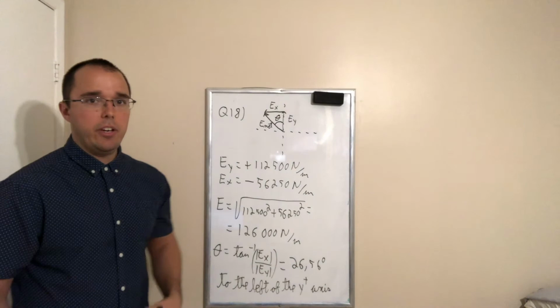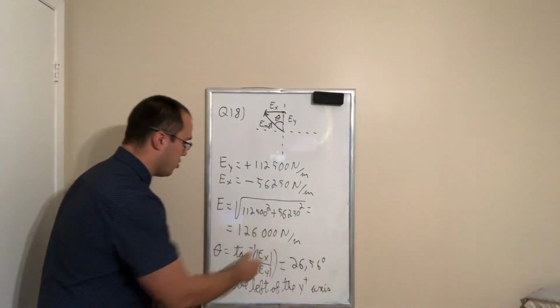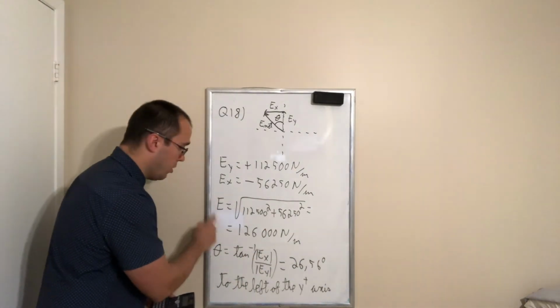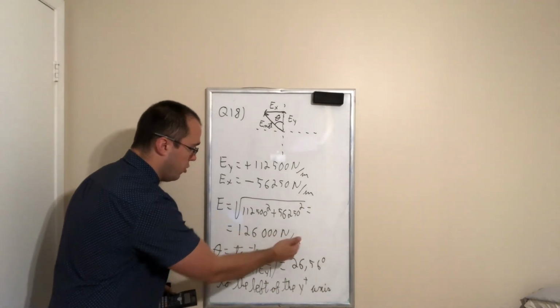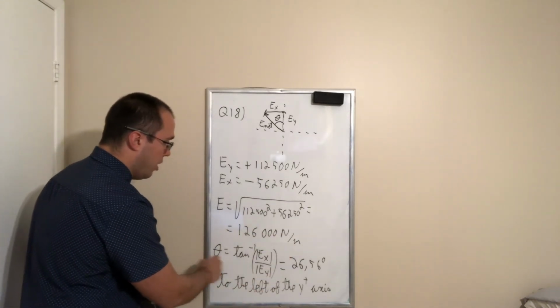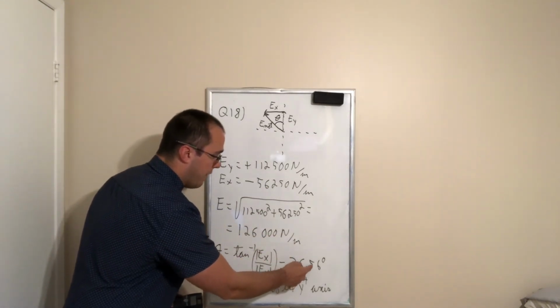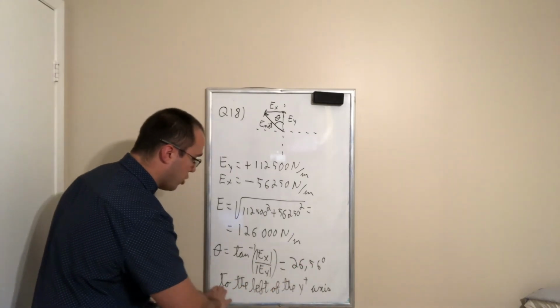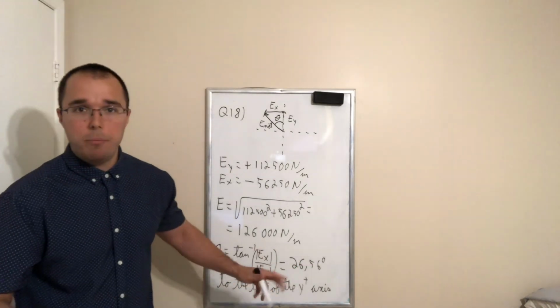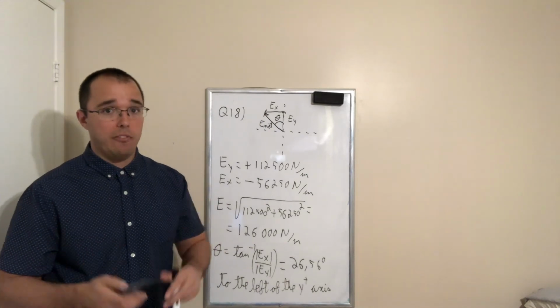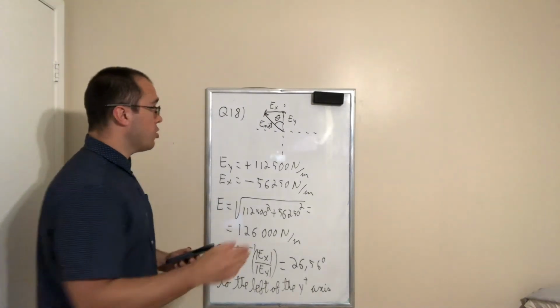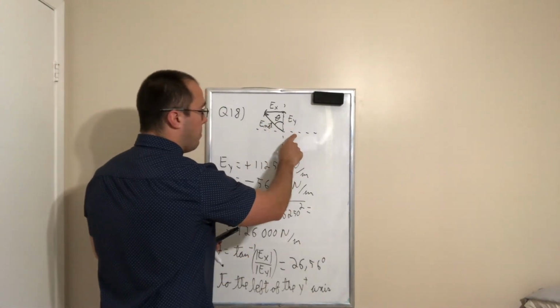Now, by the way, if in a test you write your answer that way, so E, which is the magnitude, is equal to 126,000 Newton per coulomb, and your angle is 26.56, and you mention to the left of the positive y-axis, for me, that's fine. That's the answer I was looking for. If you want, you can also put the angle with respect to the positive x-axis.